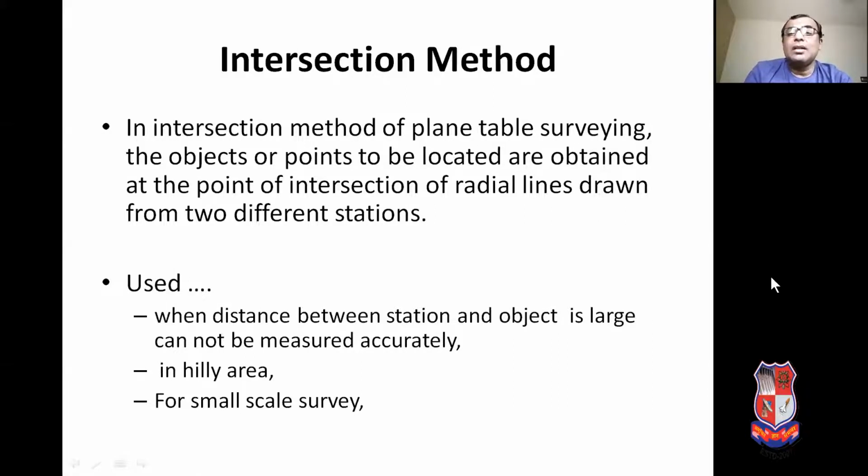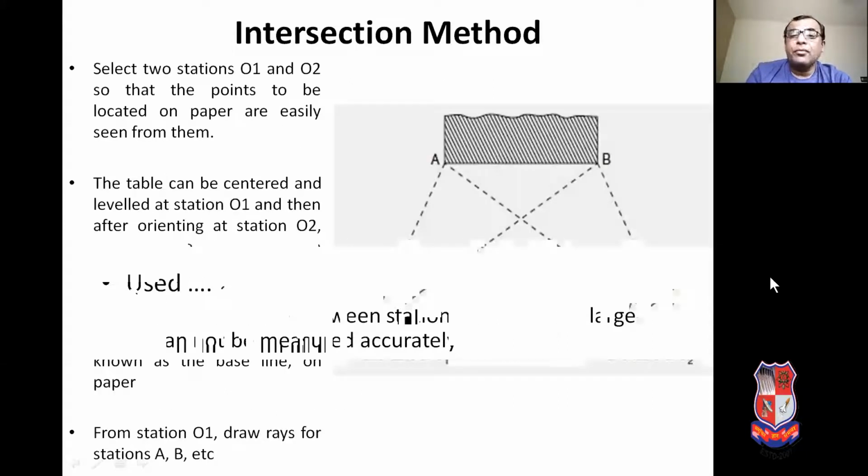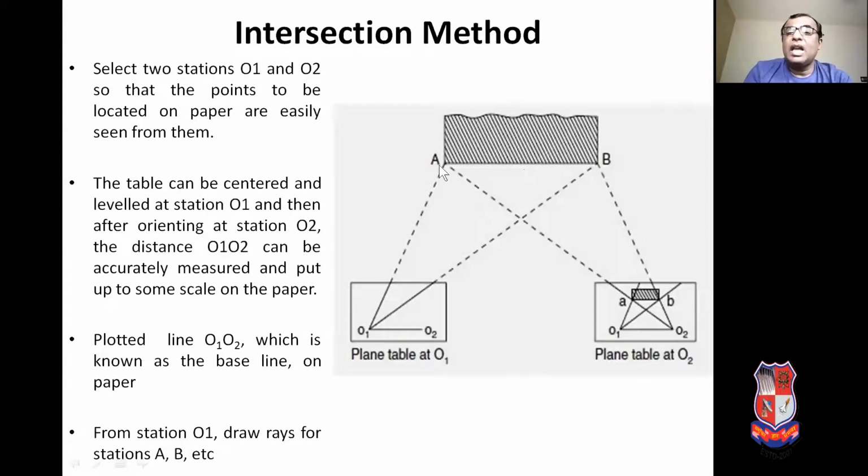Now let us discuss the intersection method. To perform this method, suppose A and B in the figure are my objects which are located on the opposite side of the river, and O1 and O2 are my two stations, with respect to which we are going to find the location of capital A and capital B on the drawing sheet as small a and small b.